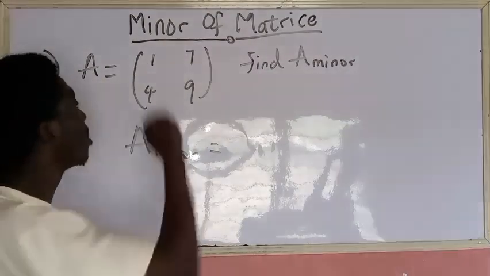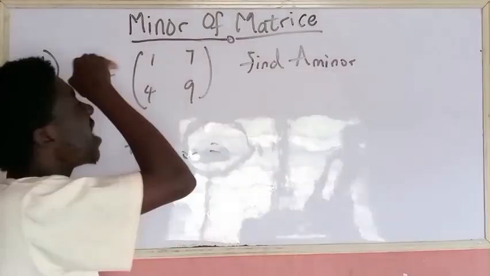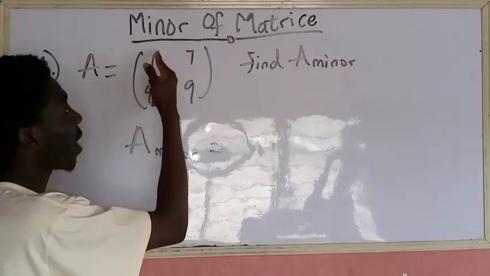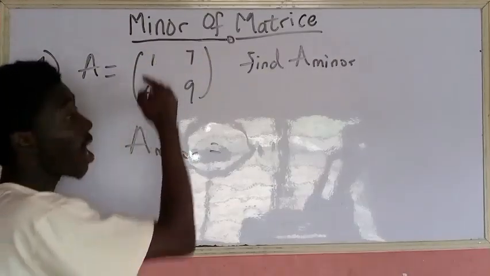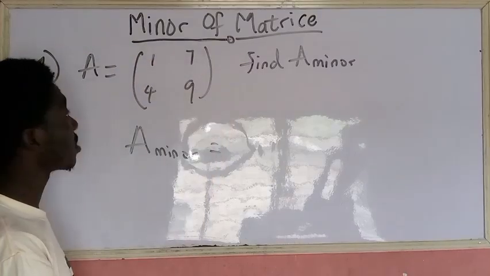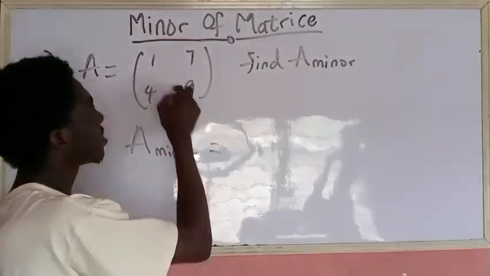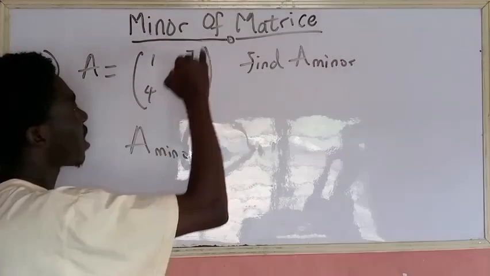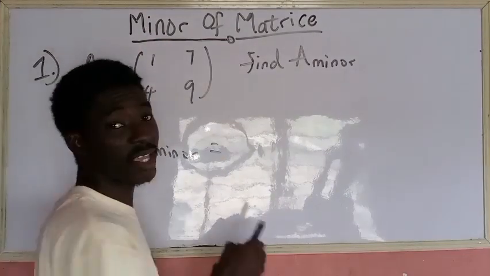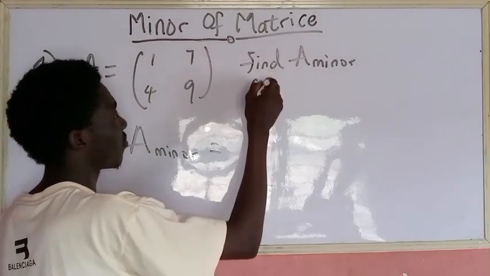In this case, 1 occupies this row and this column. What's left is only 9. When you take out this row and this column, you have only 9. Let me do a visual representation of that.